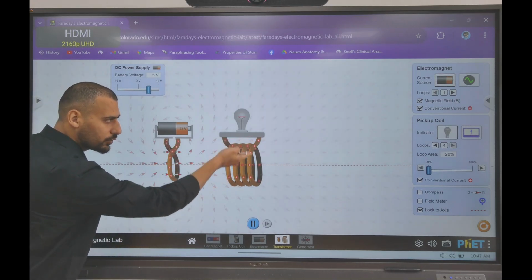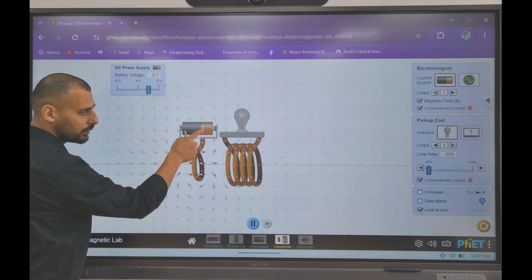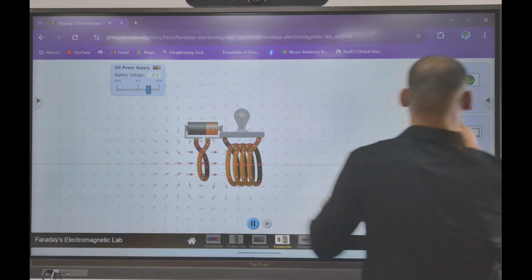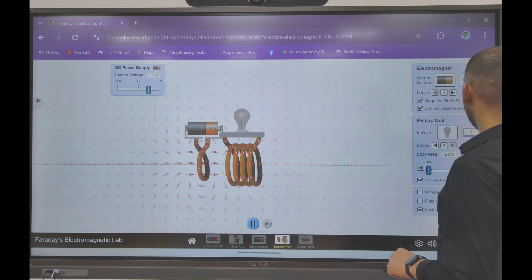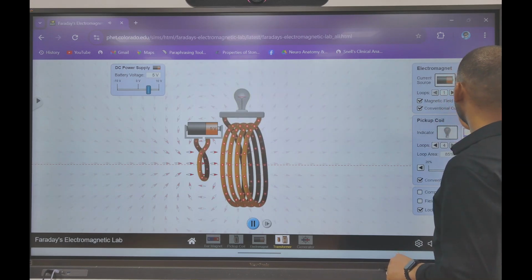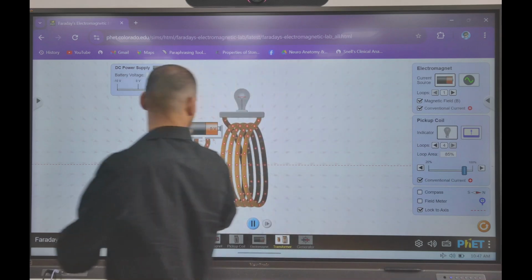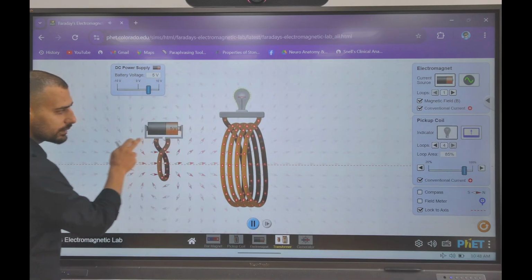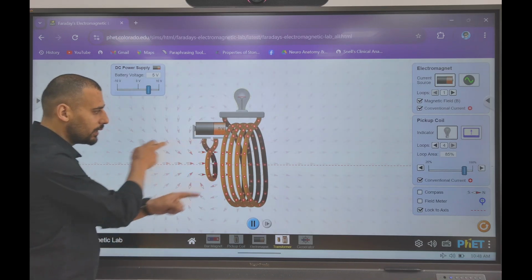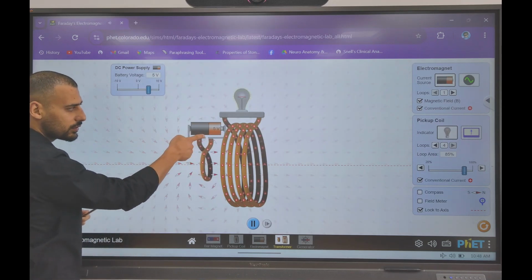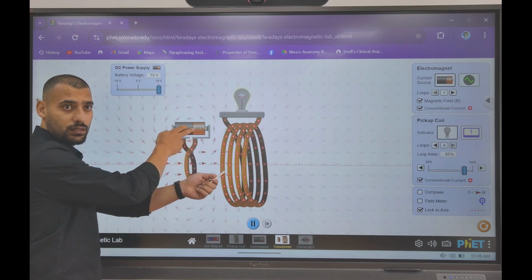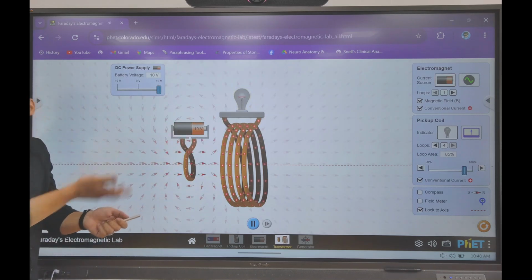These positive charges will go up. Do you observe they are going up when I am bringing this coil very close? Do you observe that they are going up? See? Yes? Because they don't like the approach of the North Pole.